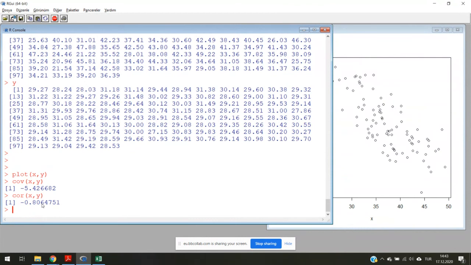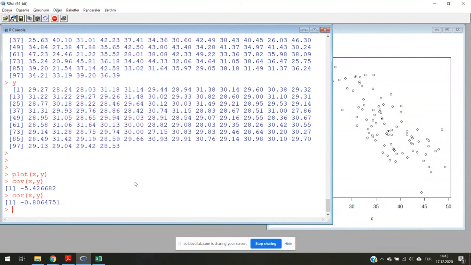It is closer to -1 compared to 0. Therefore, we should say that there is a strong negative relationship between these two variables. As one of them increases, the other one tends to decrease.